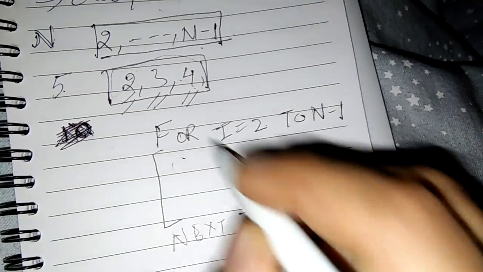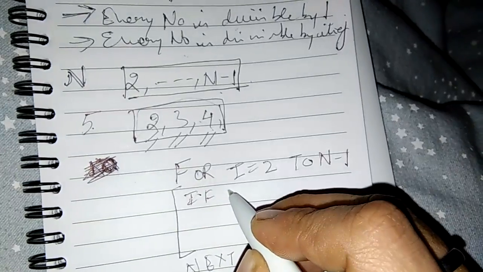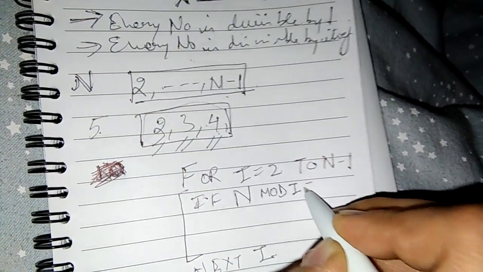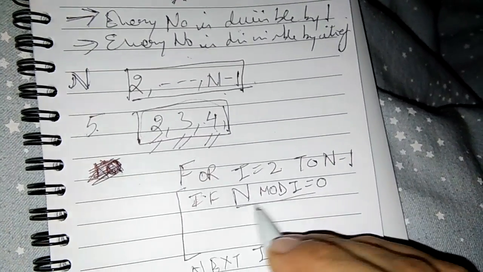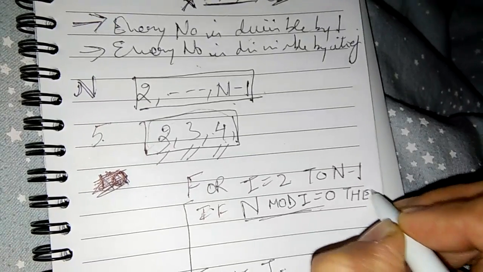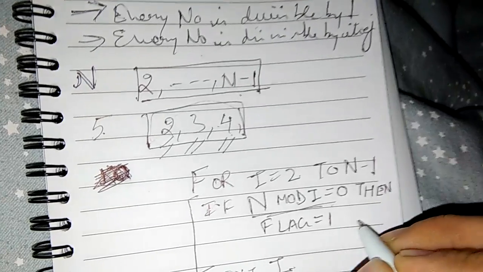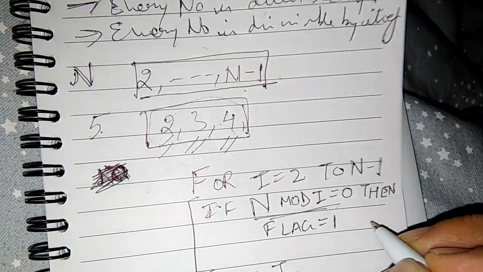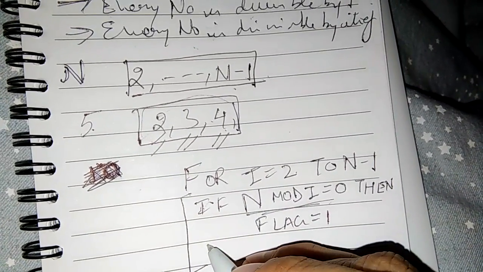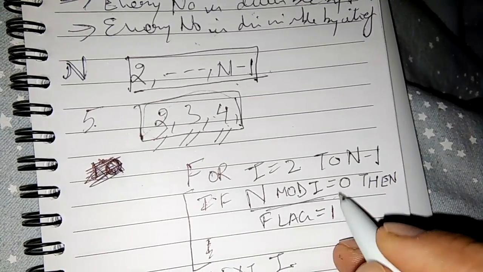And then the checking will be: if n mod i is 0, it means the number is divisible. Then flag is 1. I will do only this.